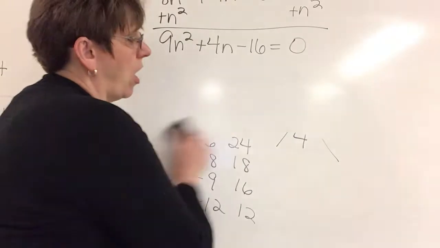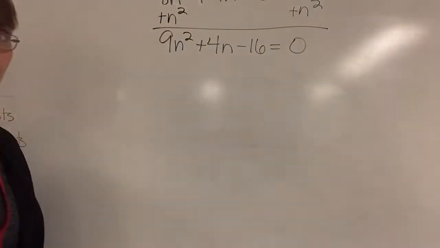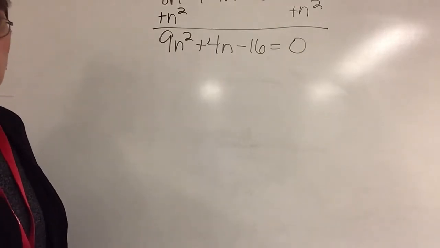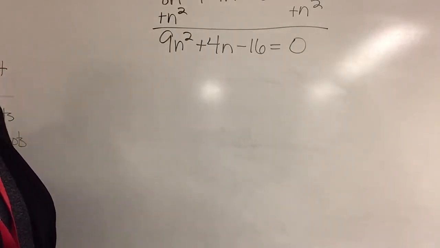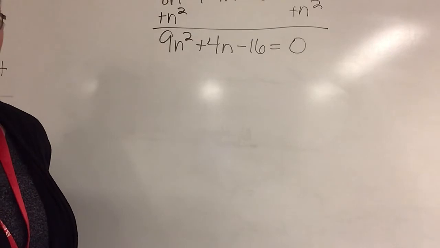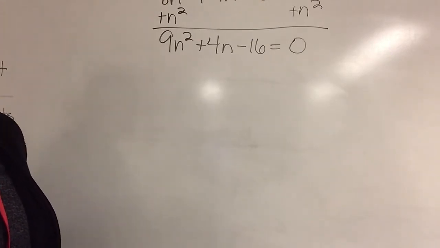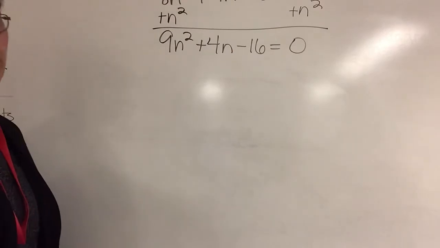You could always go to the quadratic formula first if you wanted, although sometimes the quadratic formula is more time consuming. If you have gotten really good at factoring, the quadratic formula would be a longer process for you. But in this case, I don't have a choice.